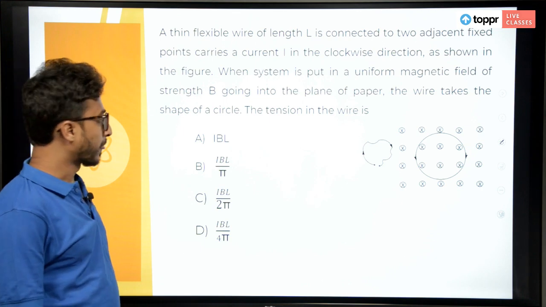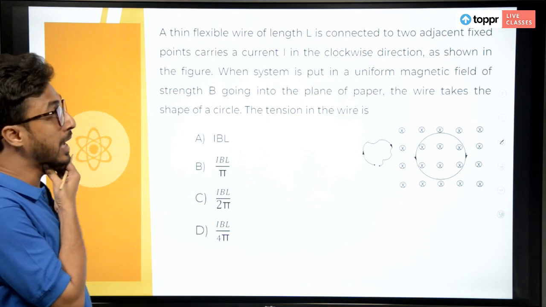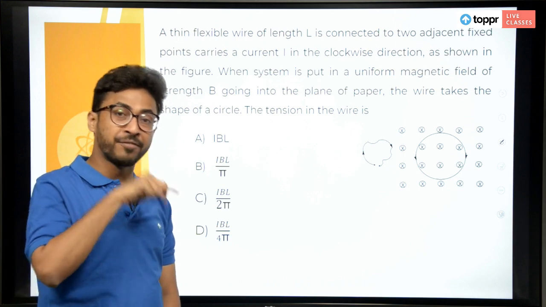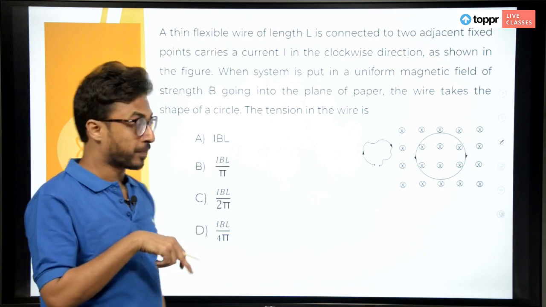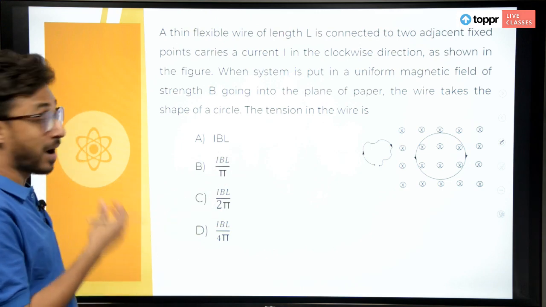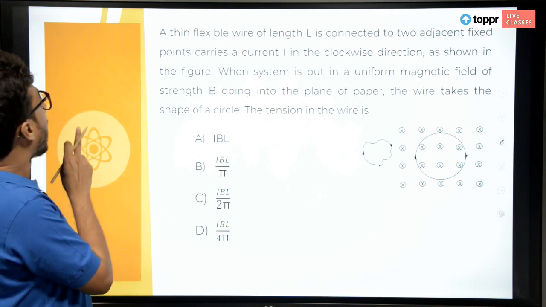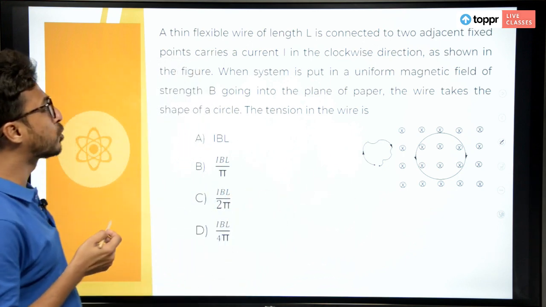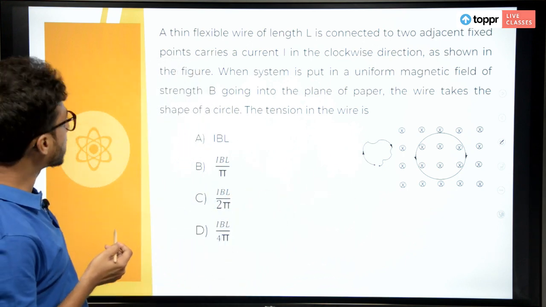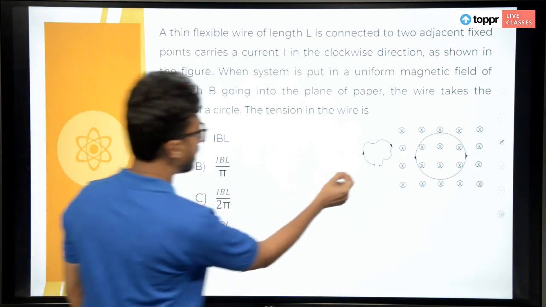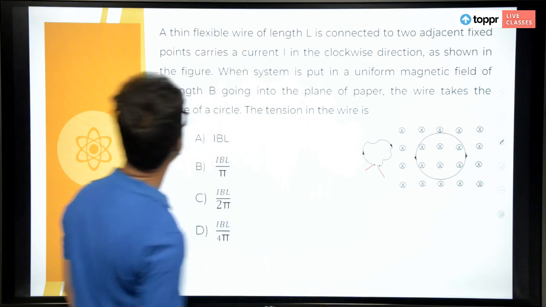Okay. This is an interesting question. Last three questions are from how magnetic fields are generated by the current. Now, this question will see from which part it is. A thin flexible wire of length L is connected to two adjacent fixed points A and B. These are the two fixed points.